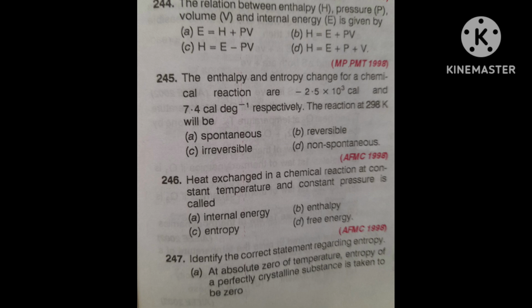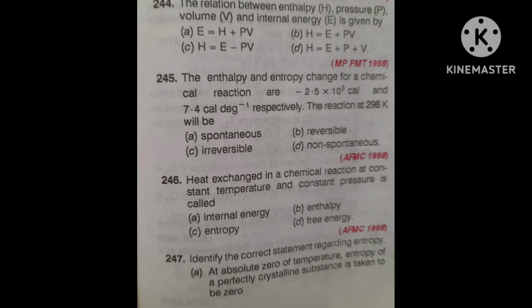Again, I am repeating the question. Identify the correct statement regarding entropy. First option, at absolute zero of temperature, the entropy of a perfectly crystalline substance is taken to be zero. Second, it is positive.